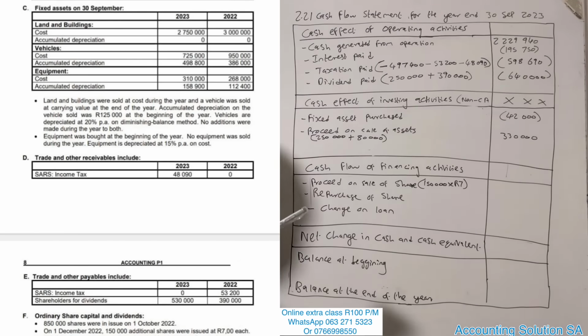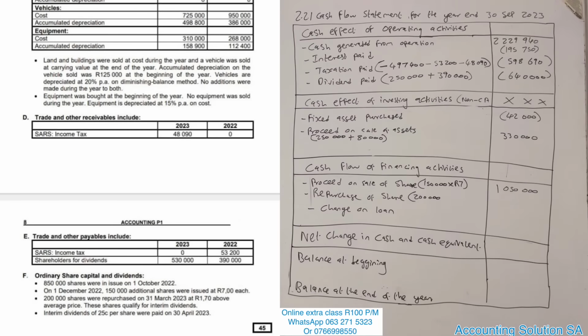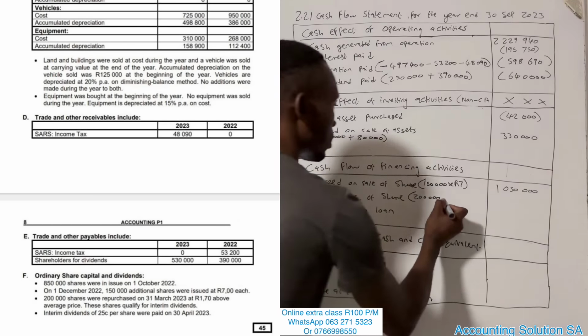Okay, repurchase of share. How many shares were repurchased? 200,000 shares. Okay, but now the issue is the total price is how much? Because they say that these were repurchased by 1 rand 70 above average.